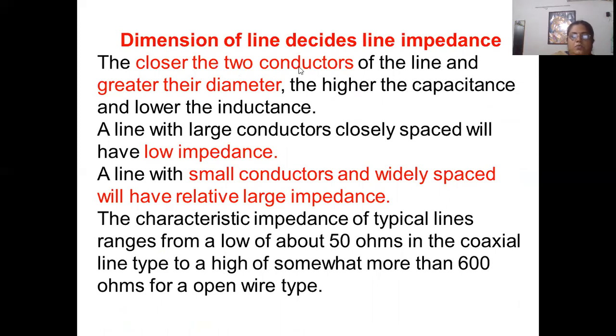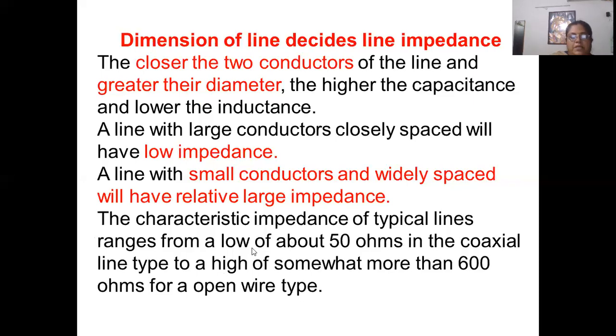The closer the two conductors of the line, the greater will be the capacitance and the lower will be the inductance. A line with large conductors closely spaced will have low impedance, and a line with small conductors widely spaced will have relatively large impedance.